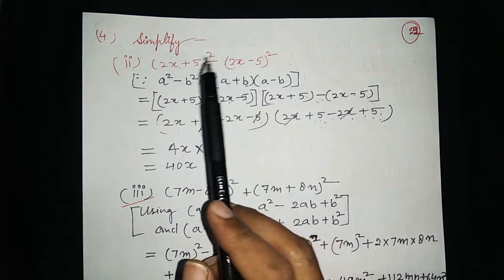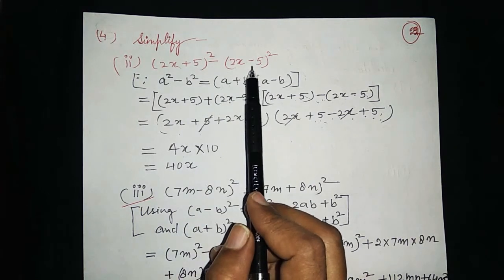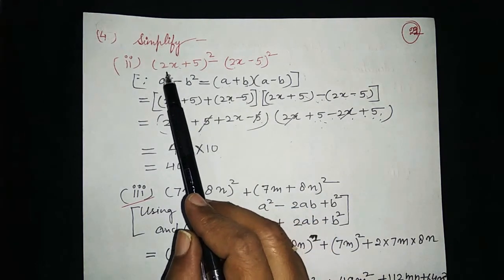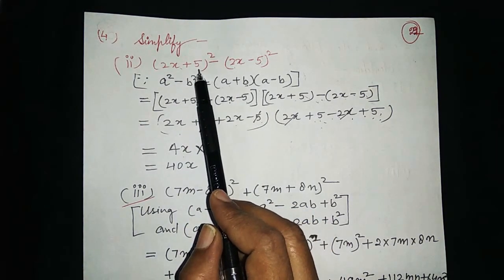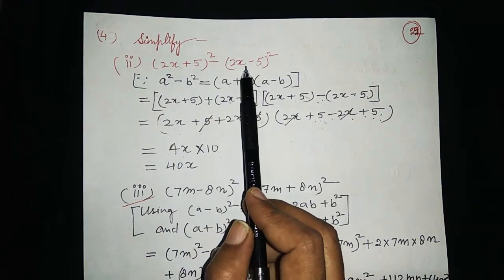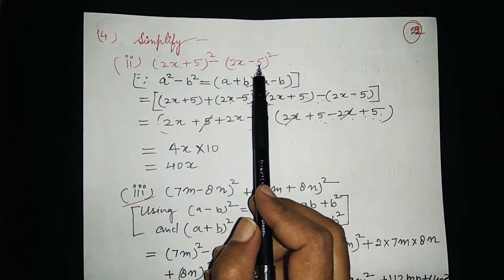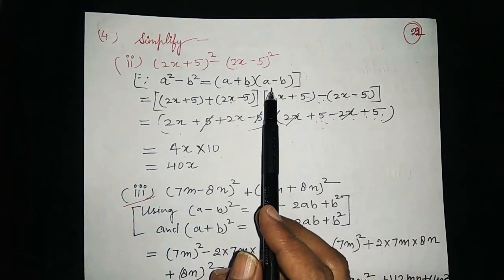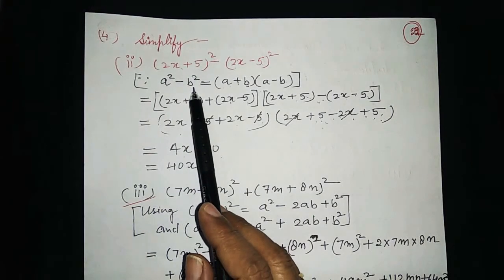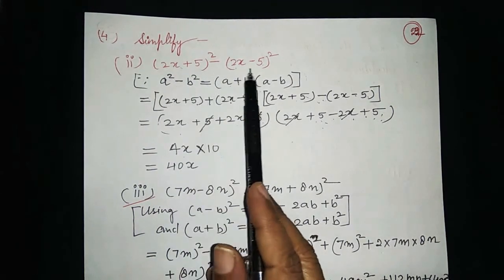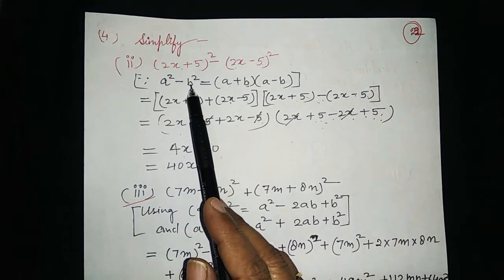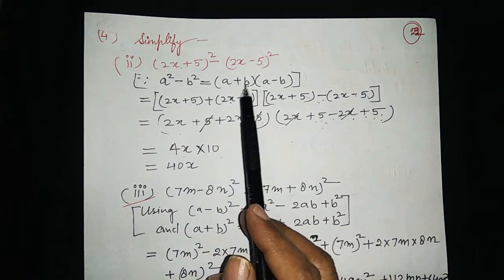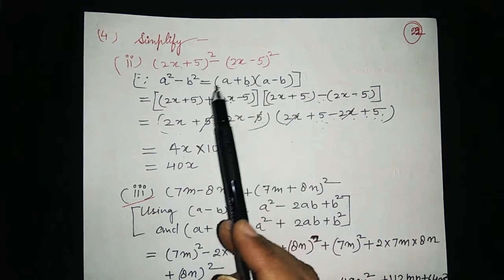Now we will think about what is a in this question and what is b. So it is clear from the question that 2x + 5 is a and 2x - 5 is b. Now here we will use the identity a square minus b square. Now the question is in the form of a square minus b square. Now the values of a and b we will put on the right hand side of the used identity.